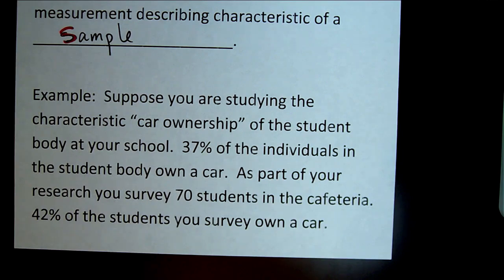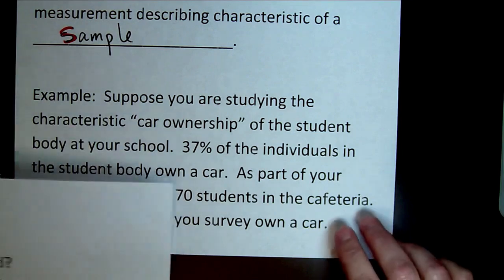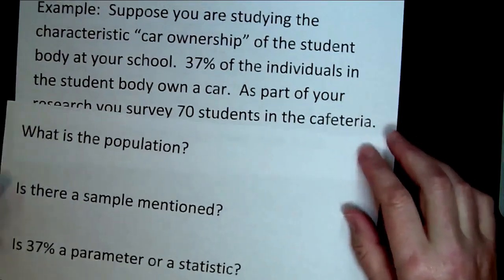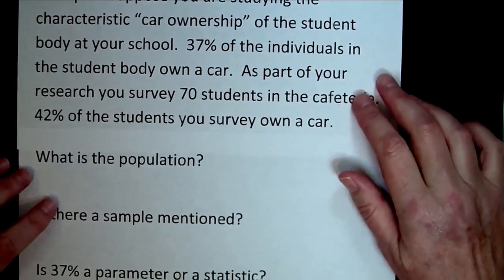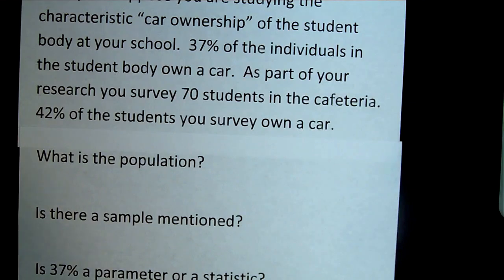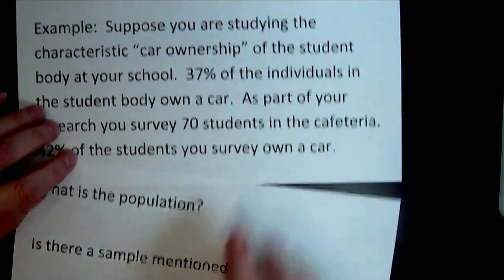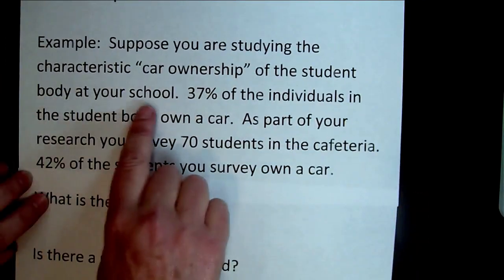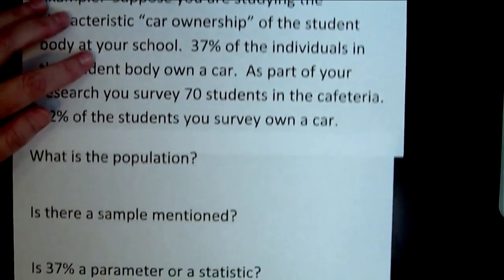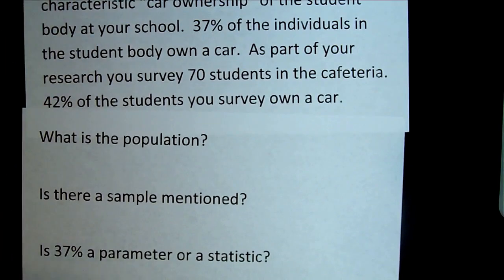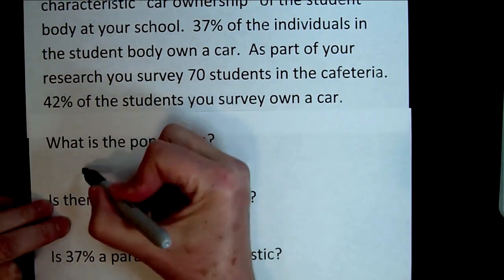And 42% of the students you survey own a car. Let's practice with our vocabulary a little bit. First of all, in this example, what's the population? You're studying car ownership of the student body at your school. So the population is all students at your school.